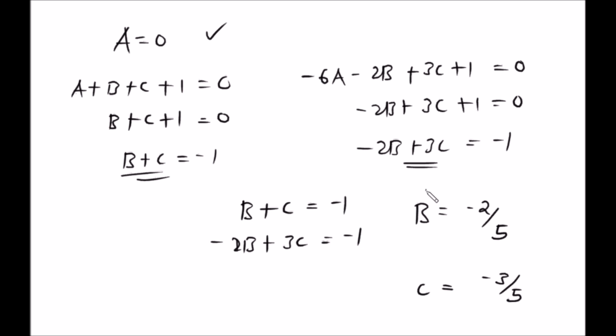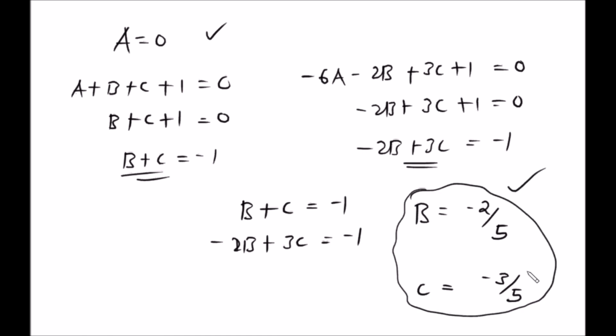So these are the answers B huyo hapo, C huyo hapo na A huyo hapo. Kwa sababu alisema find the values of A, B and C. So we have used ile principle of undetermined coefficient tuloisoma ile.